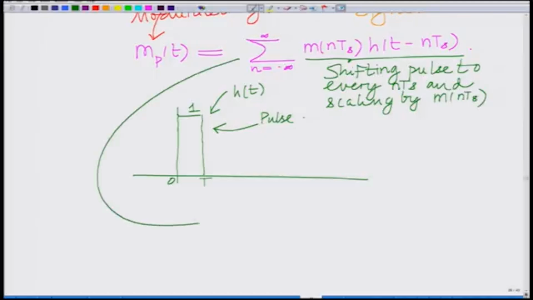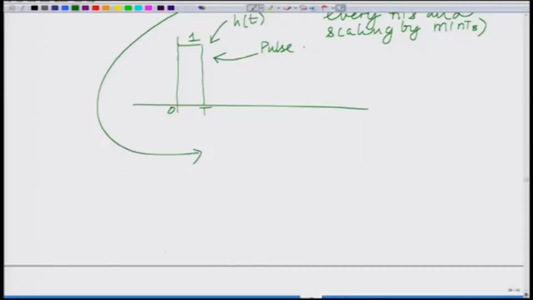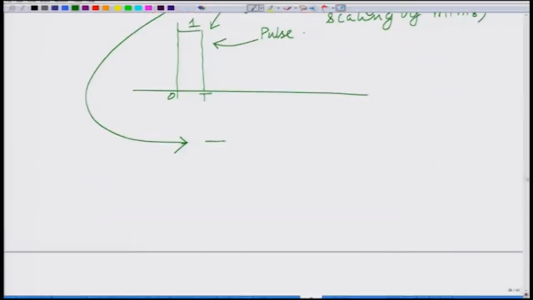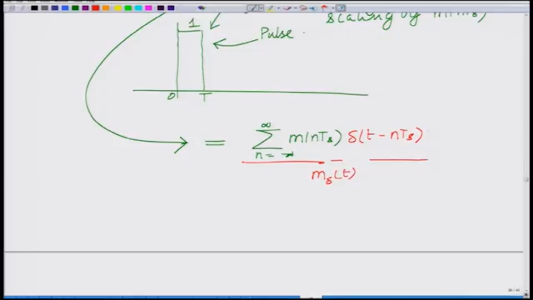Hence, we can equivalently represent this pulse amplitude modulated signal as the impulse sampled signal, summation m of nTs delta t minus nTs, which is m delta t, convolved with h of t.